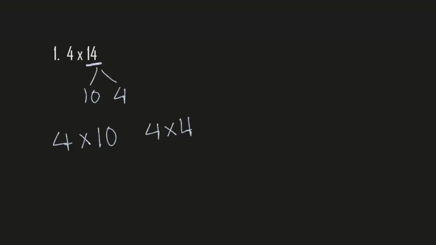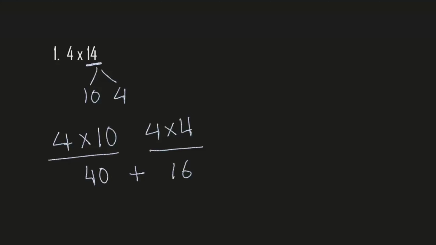So now we're going to do 4 times 10, which is 40. And then we're going to do 4 times 4, sorry, which is 16. Now we're not done yet because we need to add this. And also we need to make an array.